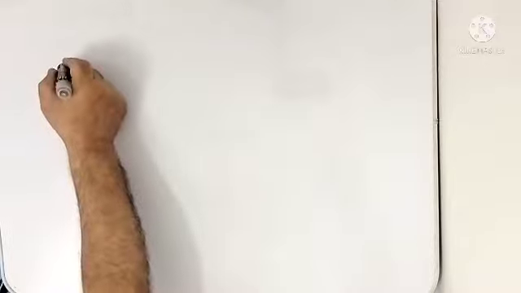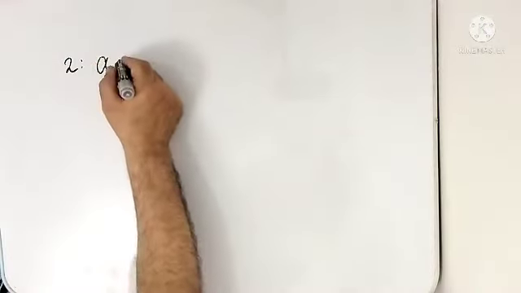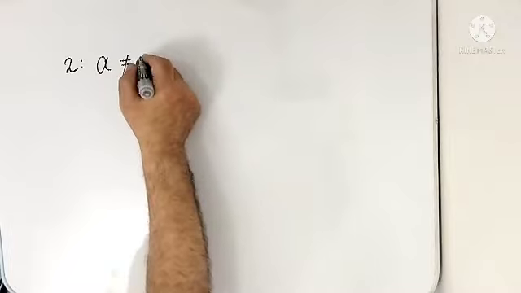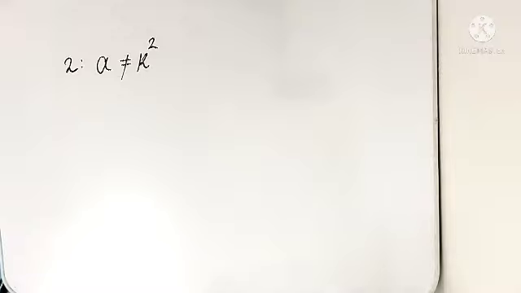Second mode. A isn't a full square. In this case, we have two methods to solve the equation.